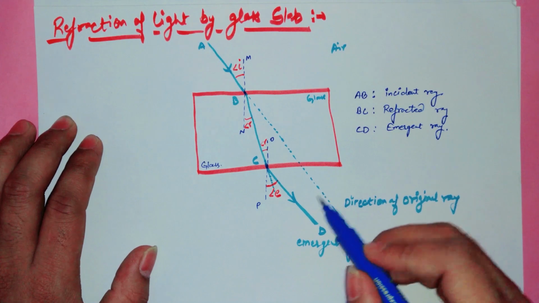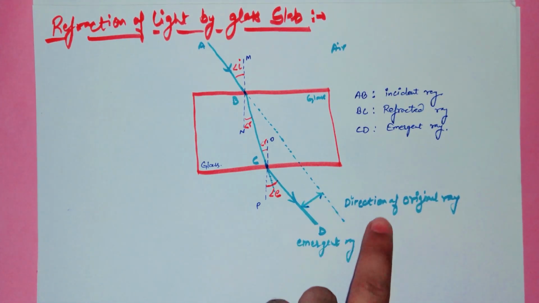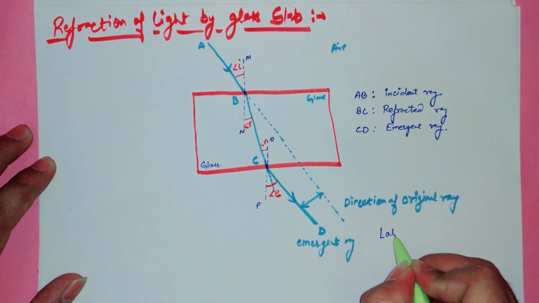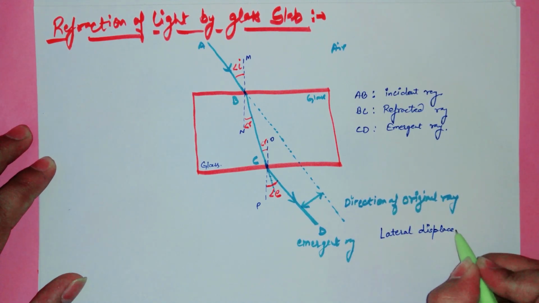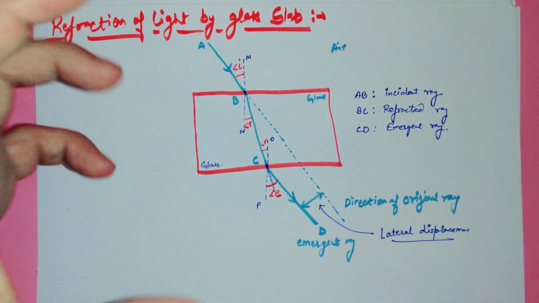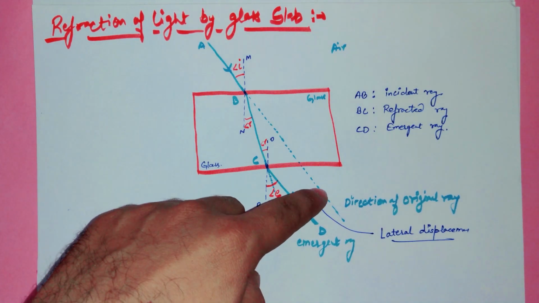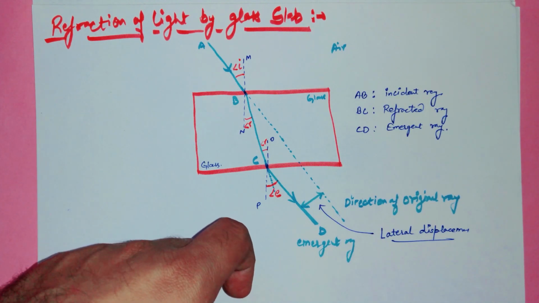So the perpendicular distance between emergent ray and the direction of original ray is called lateral displacement. What is lateral displacement? This is lateral displacement. The perpendicular distance between emergent ray and the direction of original ray is called lateral displacement. Clear?